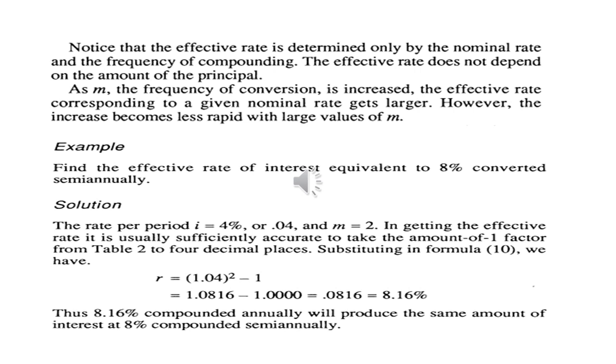Substituting in formula 10, we have r equal 1 plus 4% to the power 2 minus 1. This is as we found in the previous slide. You can find r equal 8.16%.